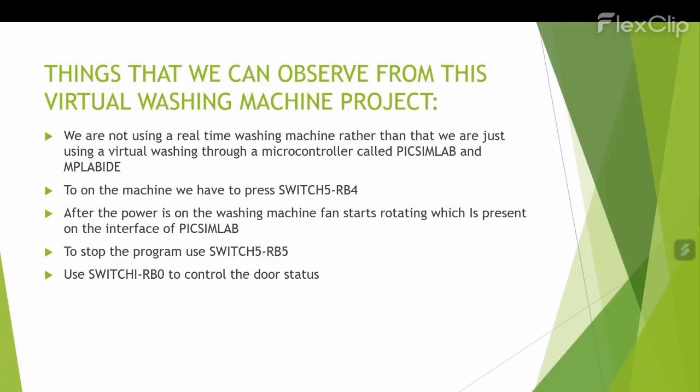RB4 will be represented on the PiximLab. After the power is on, the washing machine's fan starts rotating, which represents the motor in the washing machine. To stop the program we press switch 5, which is RB5, and we also use switch 1, which is RB0, to control the door status.